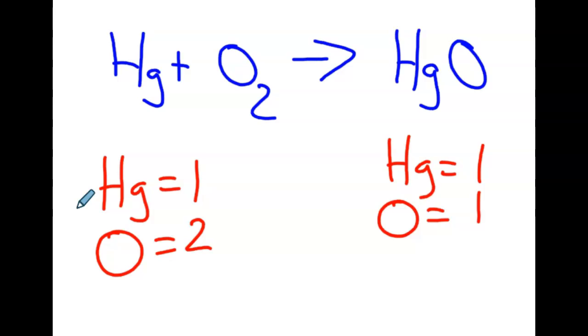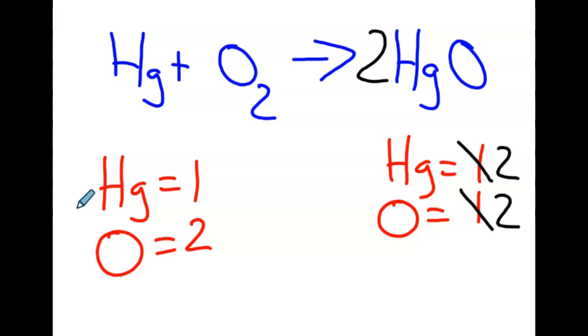So what I need to do is, in front of the compound, I put a number. That's called a coefficient. Now, this coefficient multiplies against everything within the compound. So 2 times Hg changes that to a 2, and 2 times O means 2 oxygens.